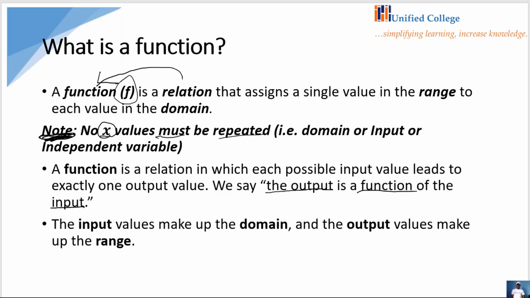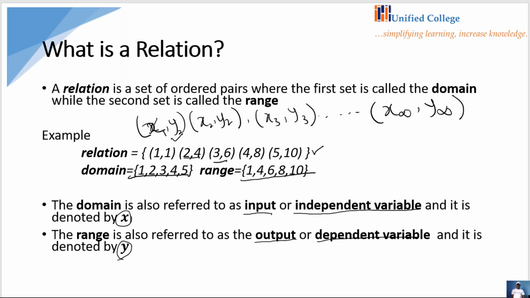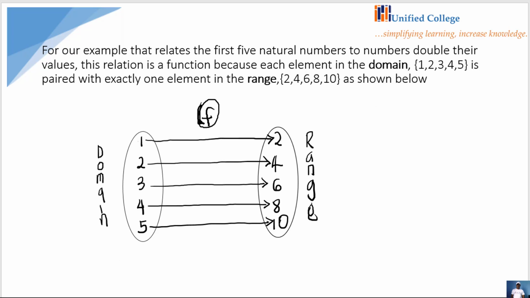Now, let's look at this example, in this relation. So for our example that relates the first 5 natural numbers to double their values, this relation is a function because each element in the domain, that is 1, 2, 3, 4, 5, is paired with exactly one element in the range, which are 2, 4, 6, 8, 10, as shown below.